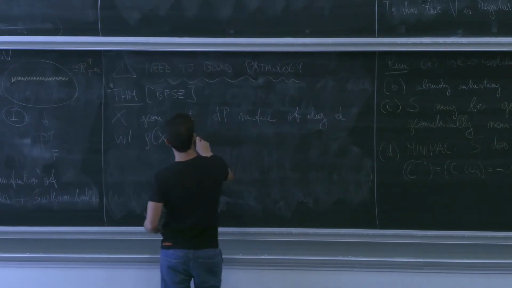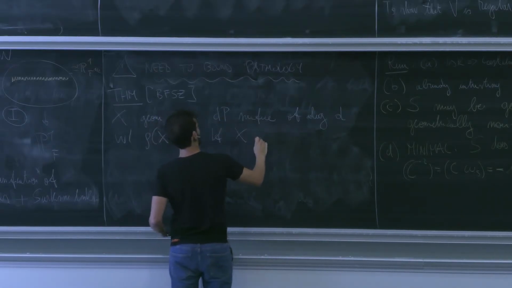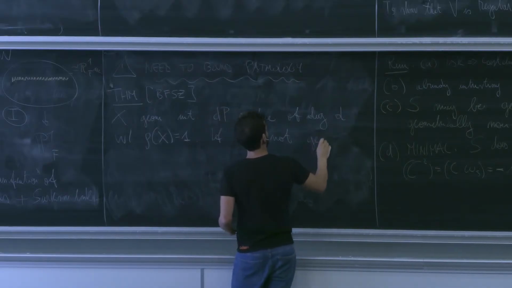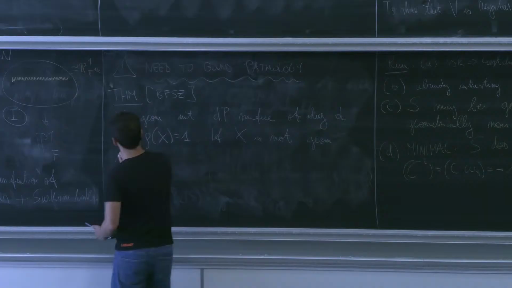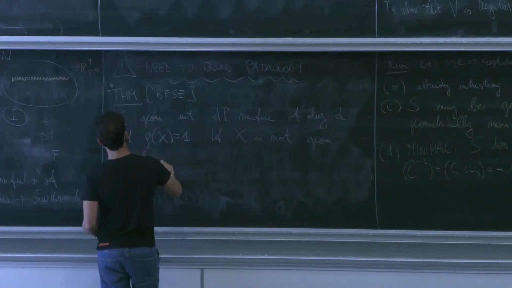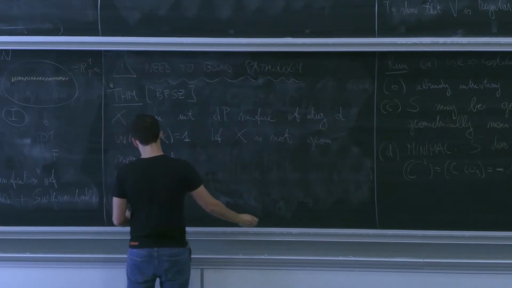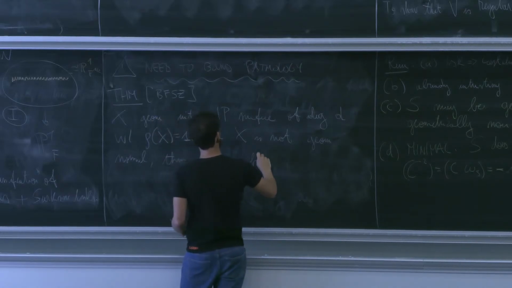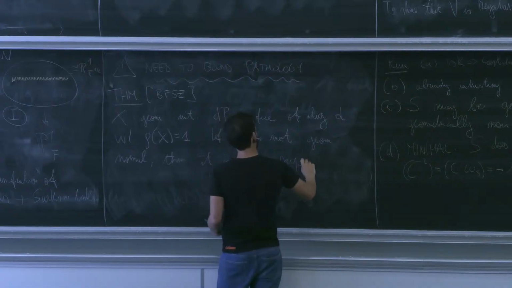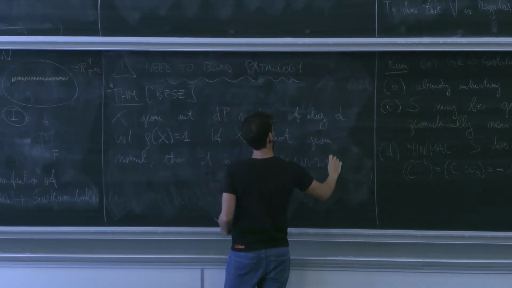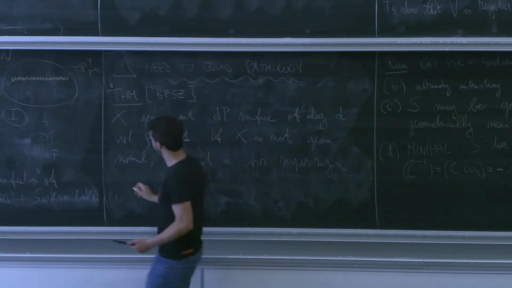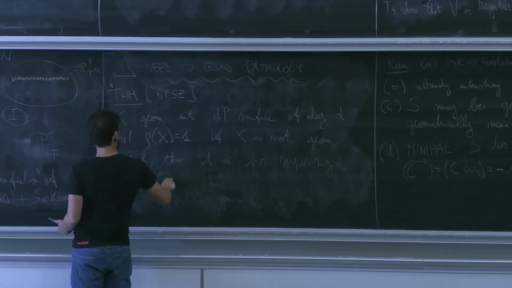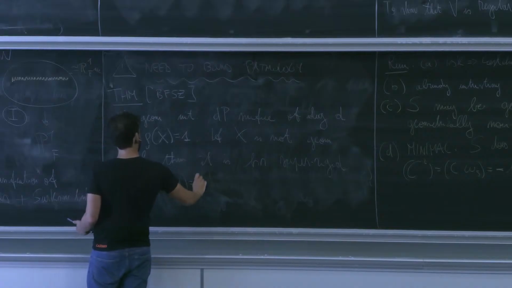So if X is not geometrically normal, then it is birationally superrigid. Okay, unless p and d are 2 and 4.